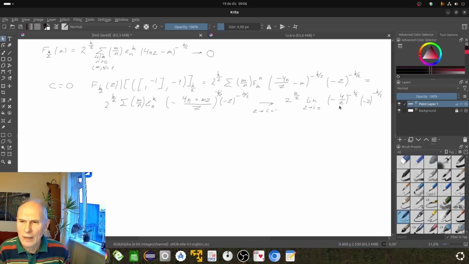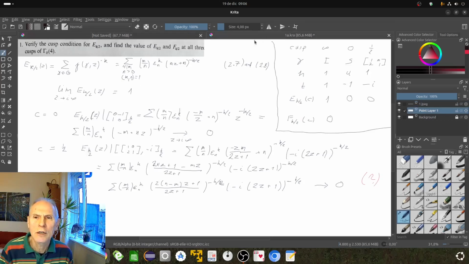And the square is 4, so that means it should tend to 2 to minus k halves. That's unity. Surprise.